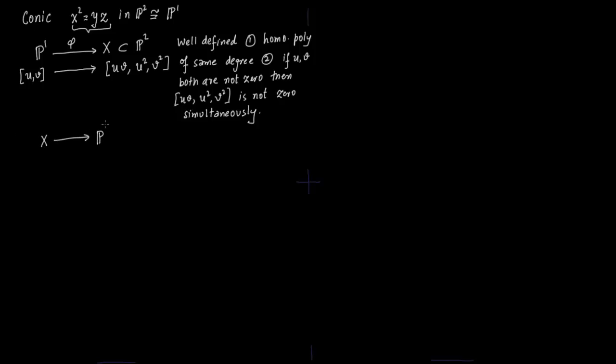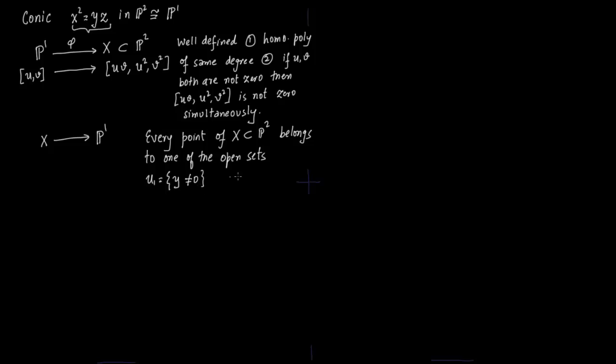Now we have to define a reverse map in the opposite direction, from the conic X, which is embedded in P2, to P1. So first notice that every point of X belongs to one of two sets.